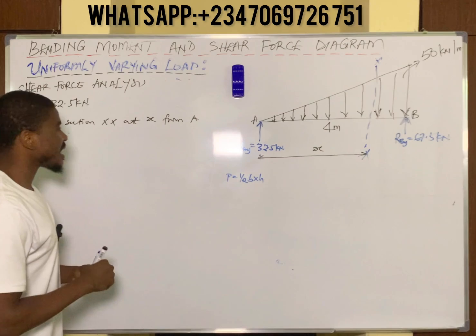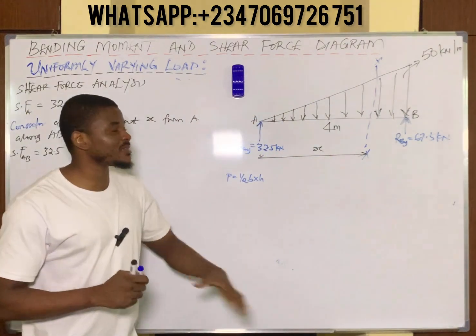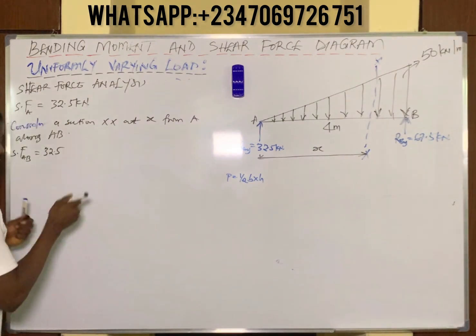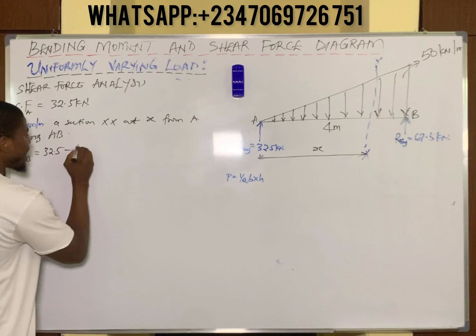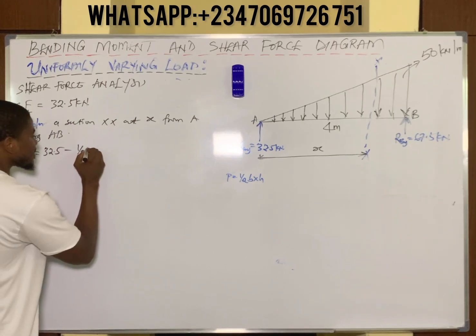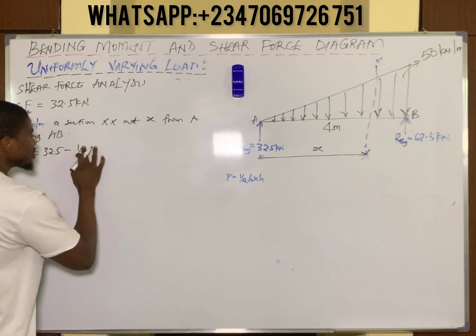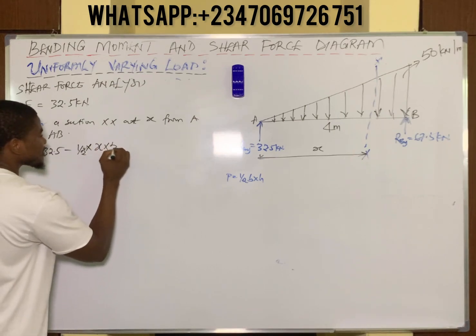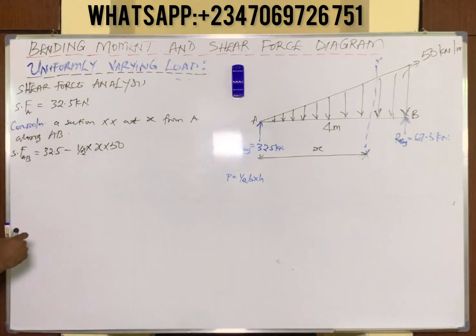Since these loads are acting downwards, it's going to be a negative force. So the shear force equation becomes minus half times base, which is x, times height, which remains 50. This becomes our shear force equation.